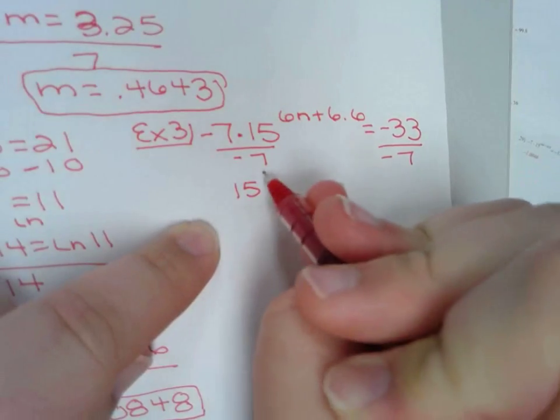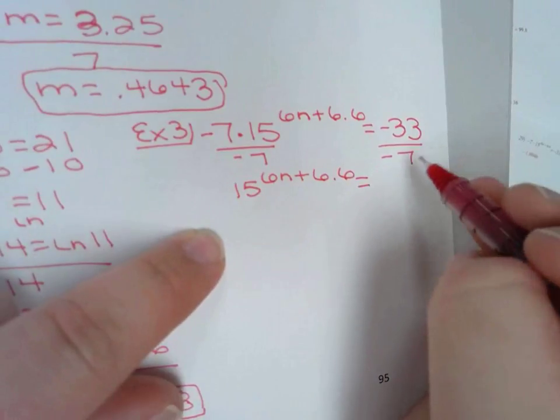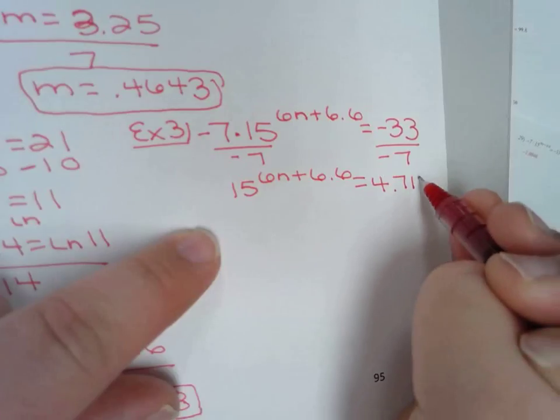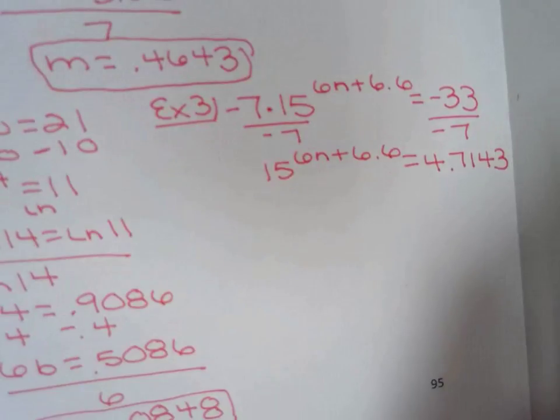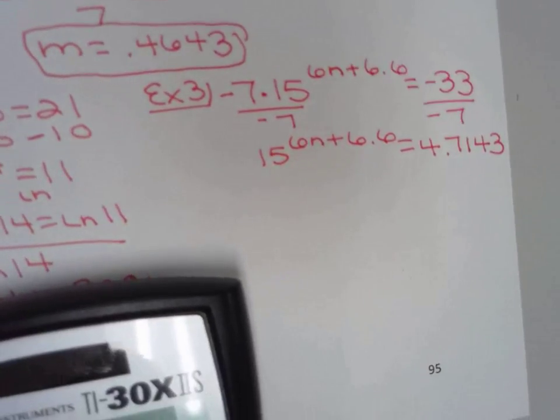So 15 to the 6n plus 6.6 power equals 4.7143. Go ahead and just round everything to 4 decimal places. That's just an easy thing. Now, I have a base and I have the exponent part alone, so I can do what to both sides? ln.